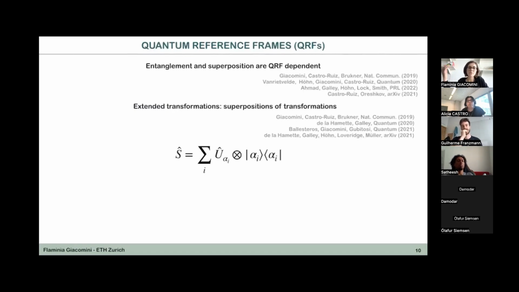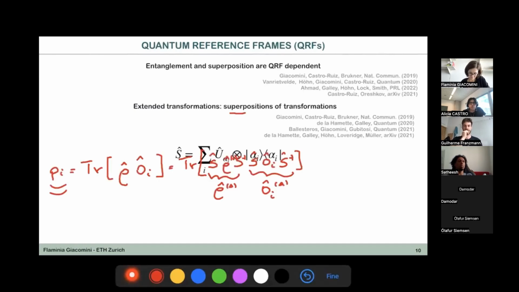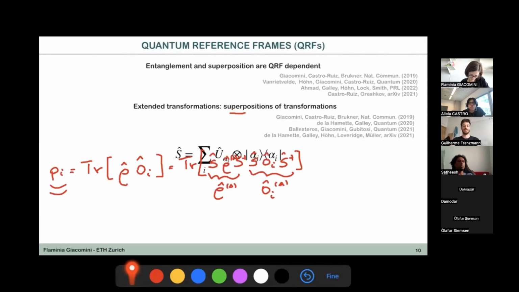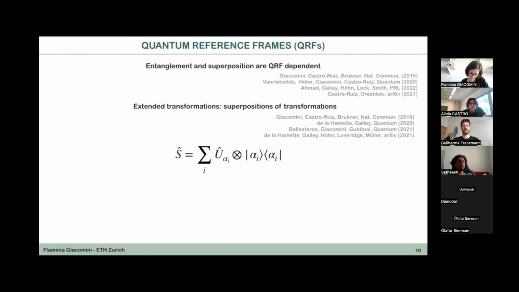And in particular, we focused on those that are called superpositions of transformations. And they all have this structure that you see on the slide, namely some unitary operator here.